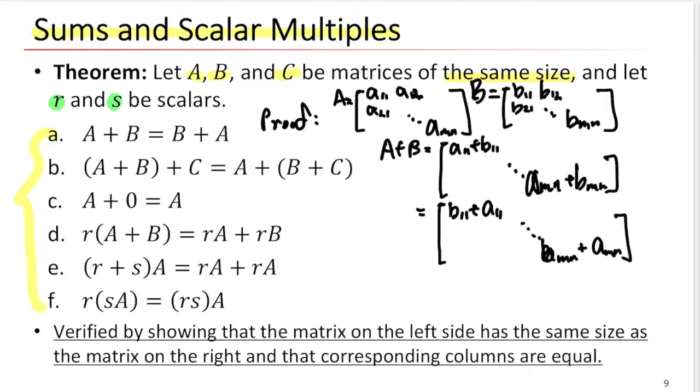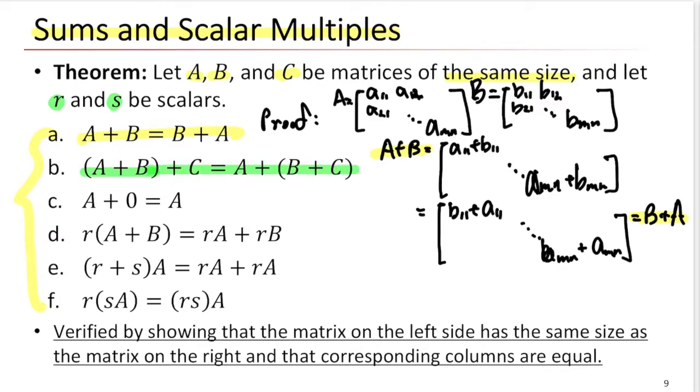So finally we will get B plus A. So this is the proof of A plus B equals B plus A. Then what is the second property? A plus B in brackets plus C is equal to A plus the bracket of B plus C, right?